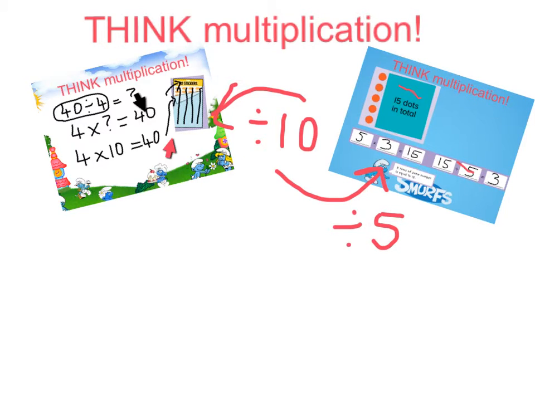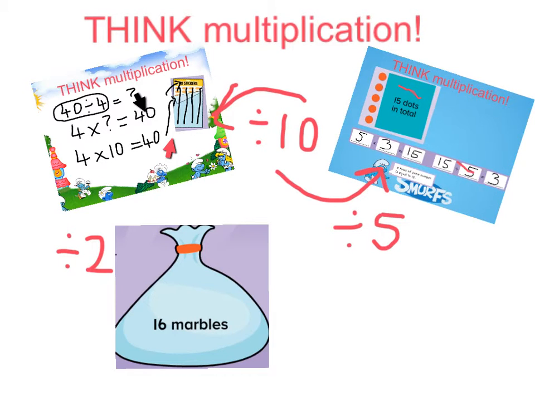Now I'm going to show you how to quickly divide by 2. These marbles here have to be equally shared between 2 friends. How many marbles are in each share? Well, for a division sum, that looks like 16 divided by 2 equals something. Now, when you're dividing by 2, it's the same as finding half. So I could also turn this around.